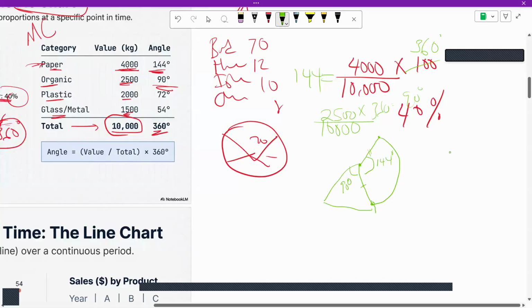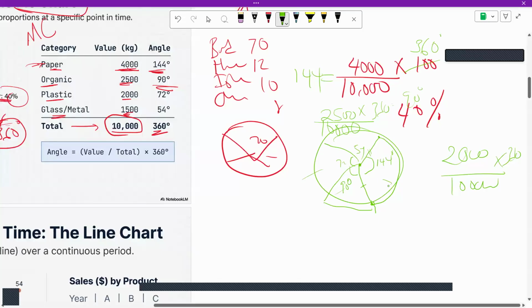And likewise, 2,000 over 10,000 into 360, and you will get 72, then draw. And finally, the rest is 54. Then we can draw a perfect circle.